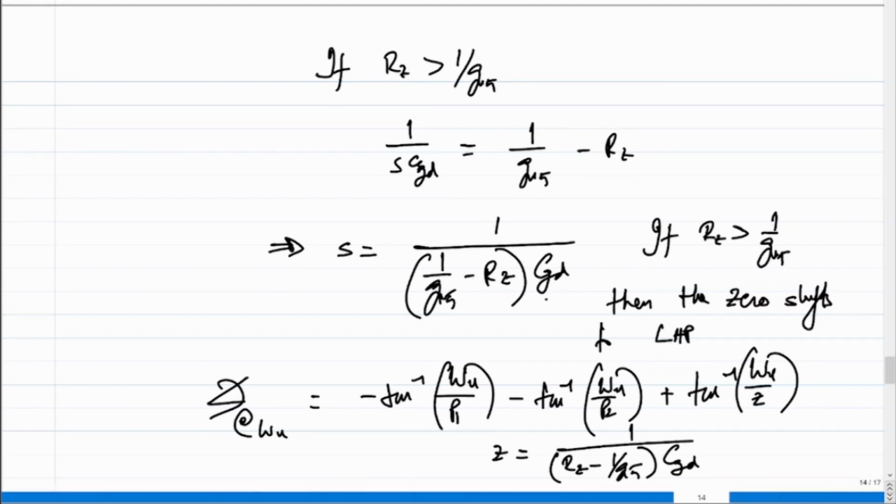So very often, this trick is played in order to improve the phase margin, right?